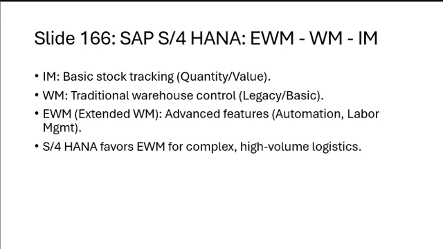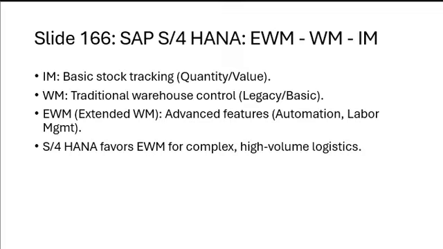SAP S/4HANA with EWM, WM, and IM. Okay, so inventory management tracks basic stock quantity and value. The warehouse management provides traditional warehouse control functions. Extended warehouse management offers advanced automation features.